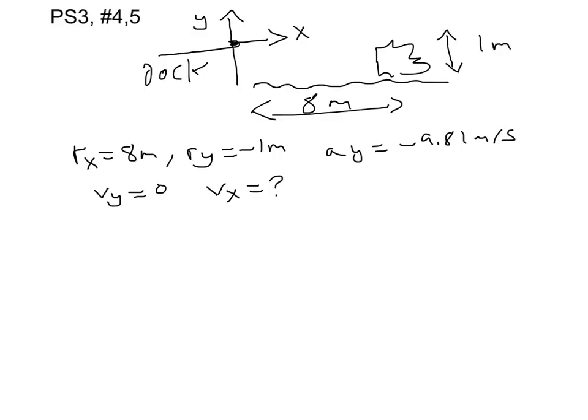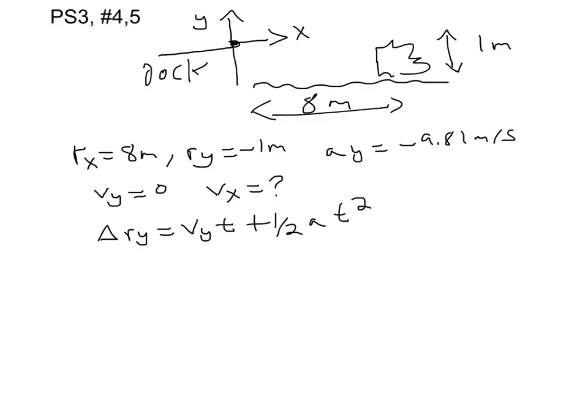A good place to start analyzing this problem is to look at our linear equations of motion in the vertical direction, because we have a pretty good understanding of what's happening there. The vertical displacement of the dog is equal to the initial velocity in the y direction times time, plus 1/2 times the acceleration times time squared.